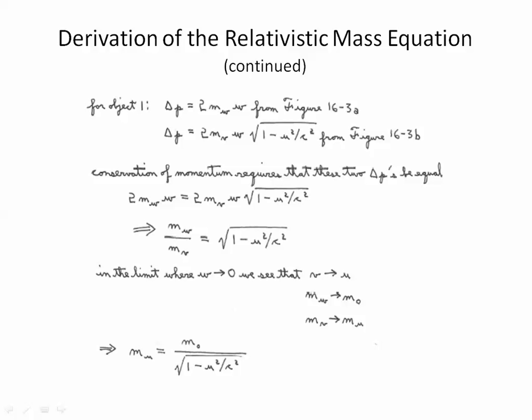The change in vertical momentum of the obliquely moving particle is given by delta p equal to 2 times the mass m sub v times w times the square root of 1 minus u squared divided by c squared. These two changes in momentum have to be equal to each other.